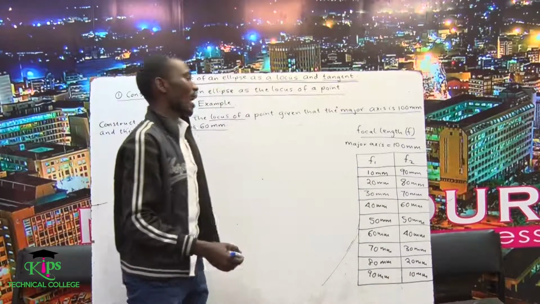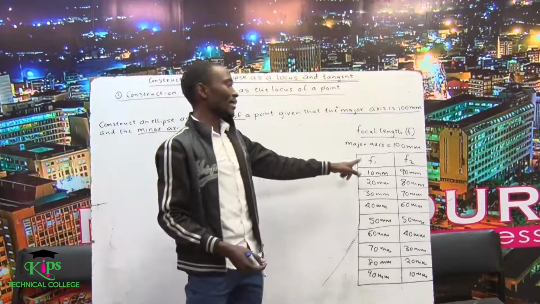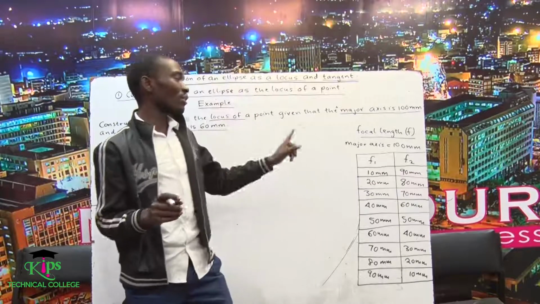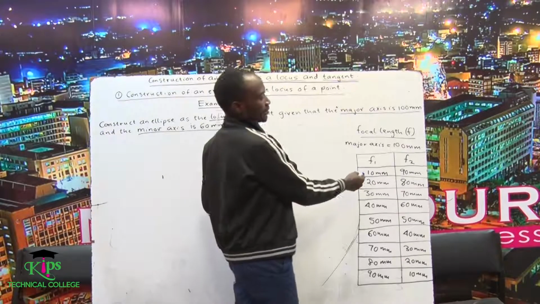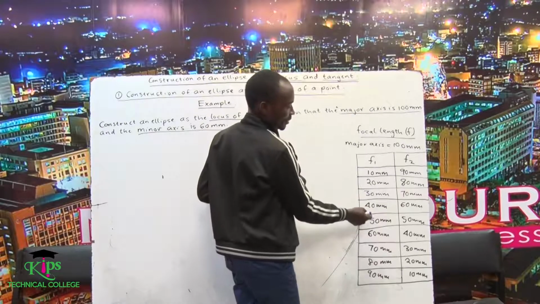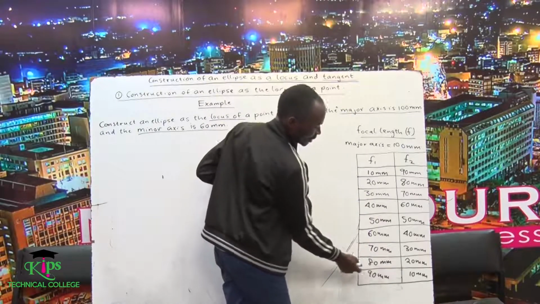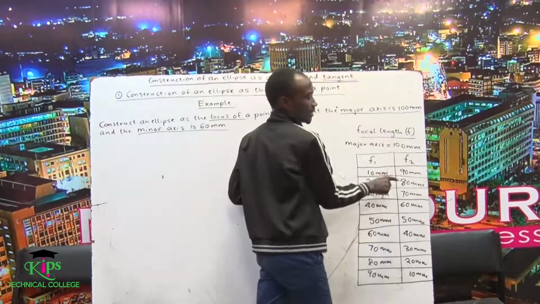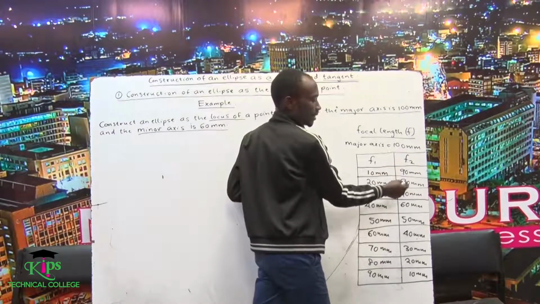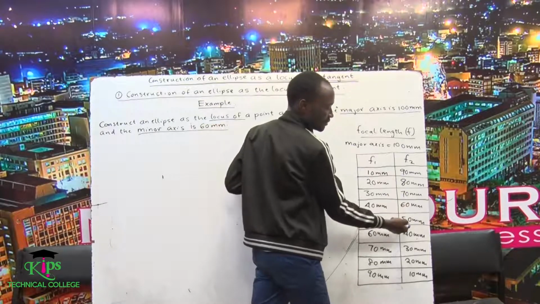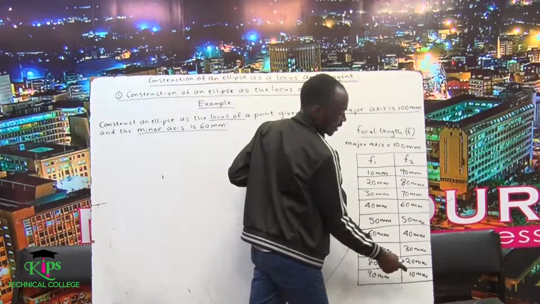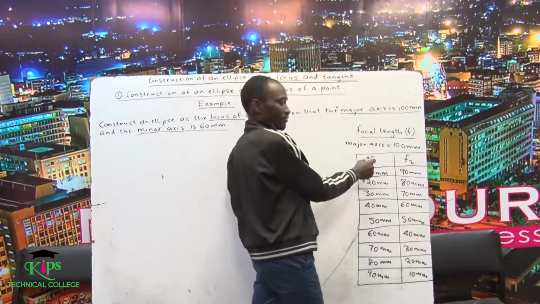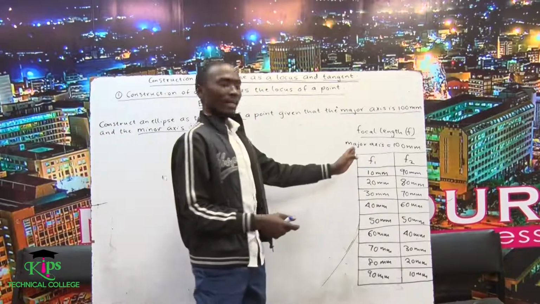So you can see I've classified the focal length F1 and F2 into divisions of 10. So I have started with the 10, 20, 30, 40, 50, 60, 70, 80, then 90. Then you can also see from F2 I have started with 90, 80, 70, 60, 50, 40, 30, 20 and 10. So from F2 they are decreasing, while at F1 they are increasing.